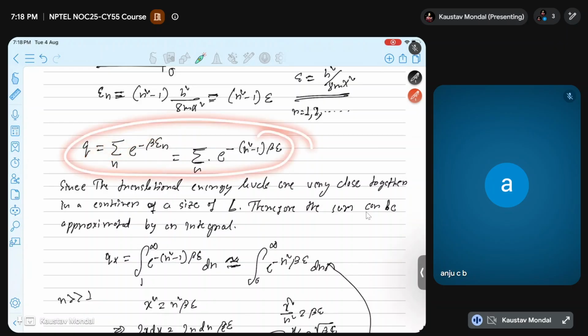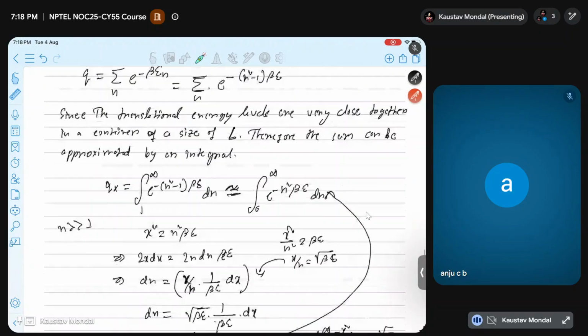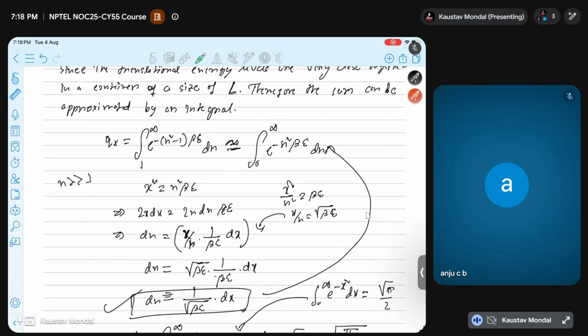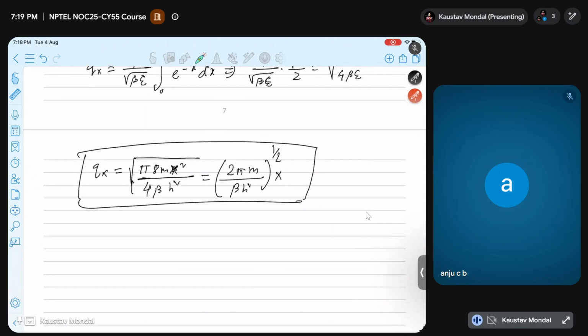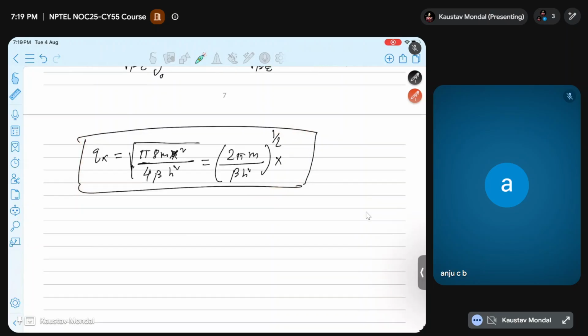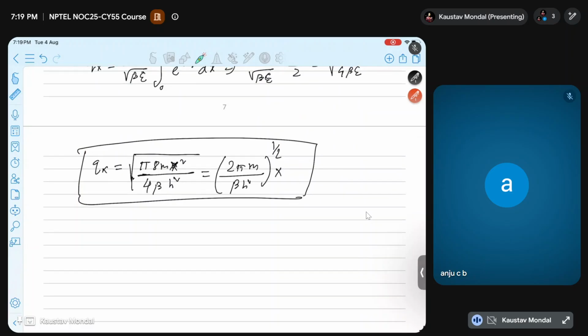Then we consider that the energy levels are very close to each other, so we consider this discretized energy level as continuous levels, and we change the summation into an integration. We then use the change of variable method to do this integration, and from there we get a very closed, known form of the expression of the translational partition function for this particle, which is given by this.